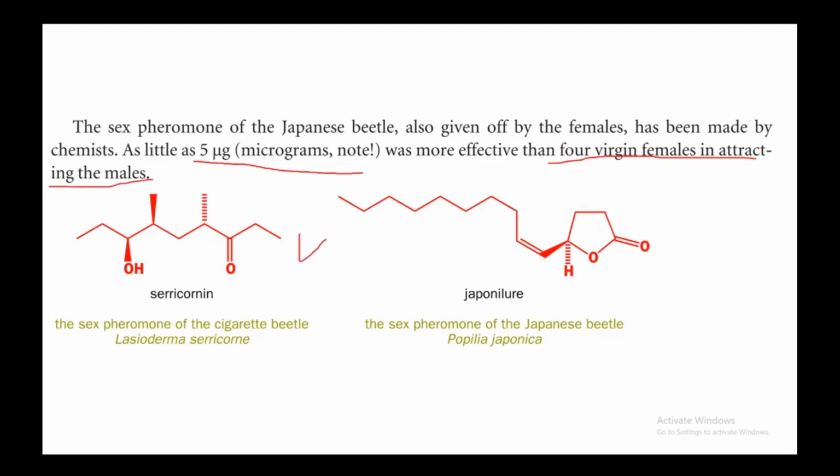Serotonin, this is the molecule, the sex pheromone of the cigarette beetle, Lasioderma serricorne. Japonilure, the sex pheromone of the Japanese beetle, Popillia japonica.